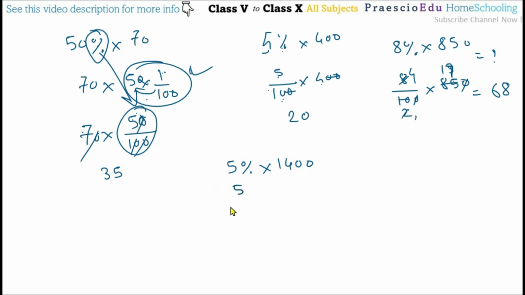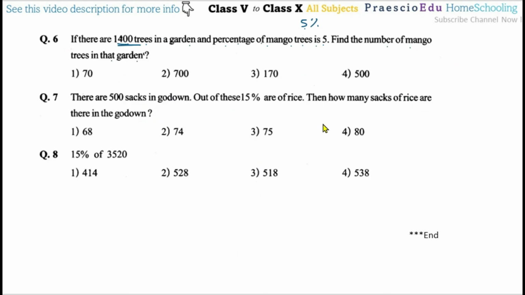So this 5% means 5 divided by 100 multiply by this 1400. This 20, this 20 will get gone. Now 5 multiply by 14 is equals to 70, means 14 5s are 70, means there are total 70 mango trees. 70 means option number 1 is the correct one.